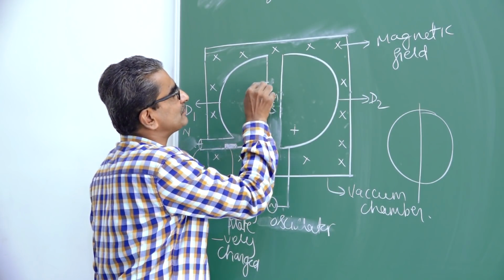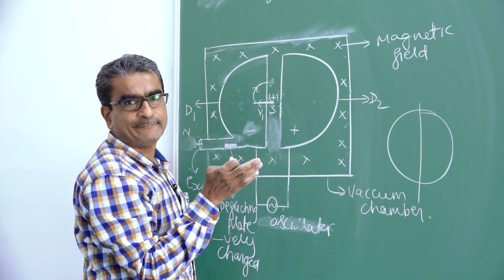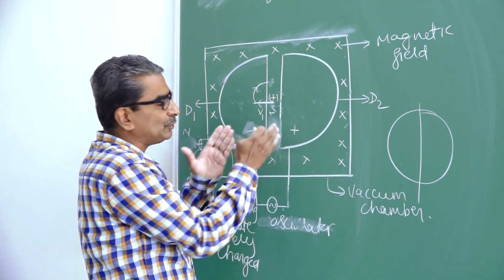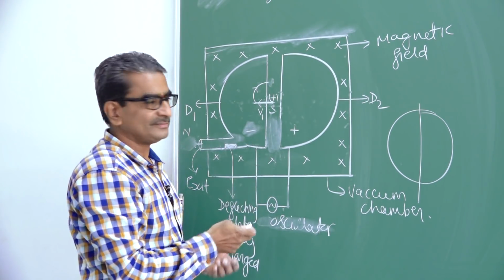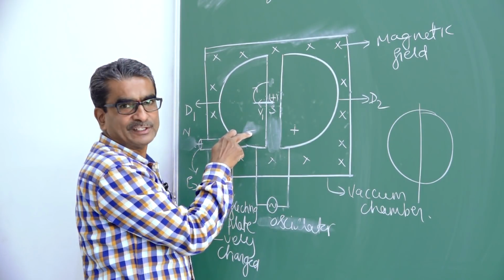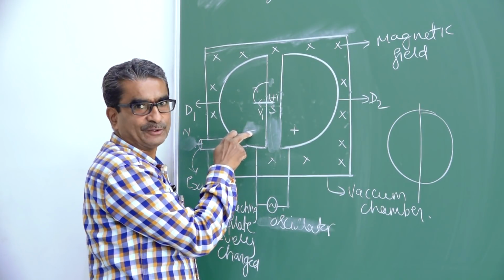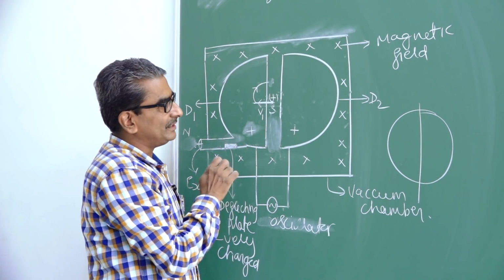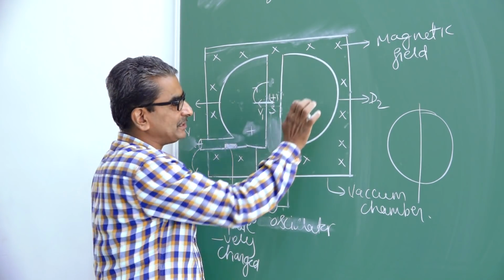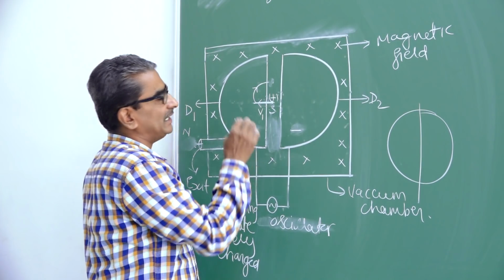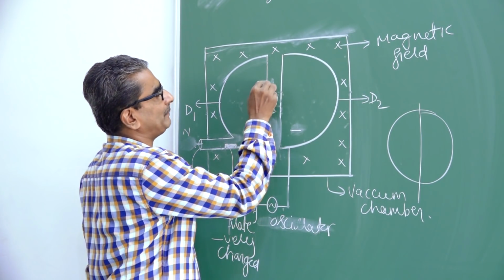When it comes to this air gap, by that time the polarity of the two Ds gets reversed. That means D1, which was initially negative, now becomes positive, and D2, which was initially positive, becomes negative. As a result of this, what happens?